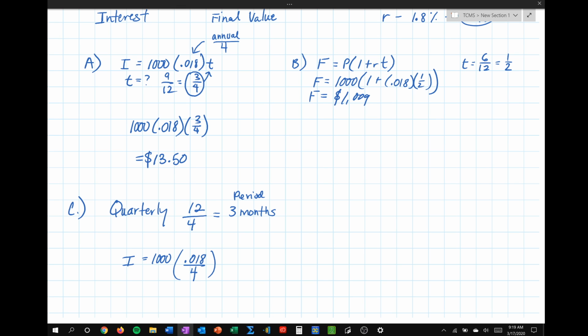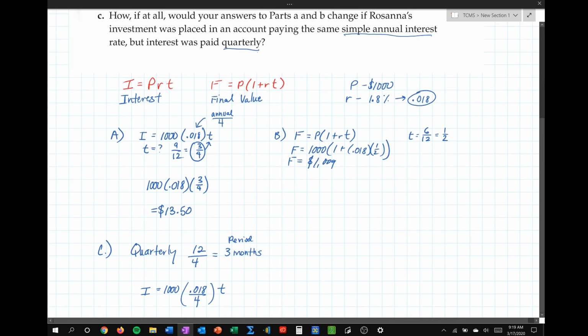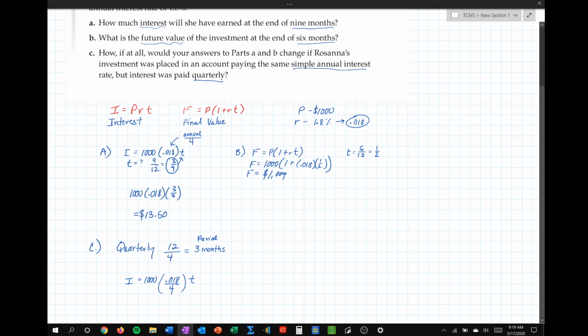Okay, so then the time represents how many periods of 3 months exist in our situation, right? Because she's going to earn at the end of 9 months, well, how many 3-month periods would that be to get us to 9 months? Well, 3 months, then another 3 months, then another 3 months.